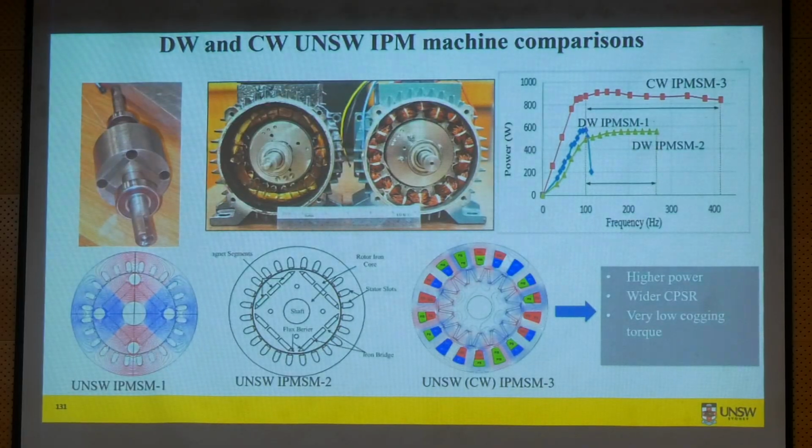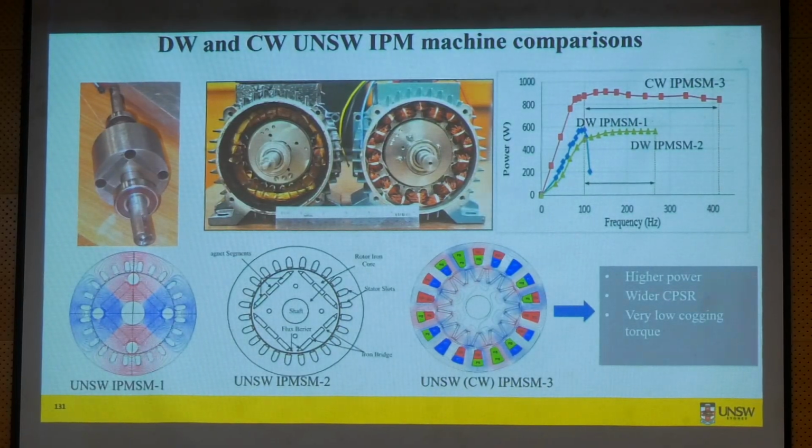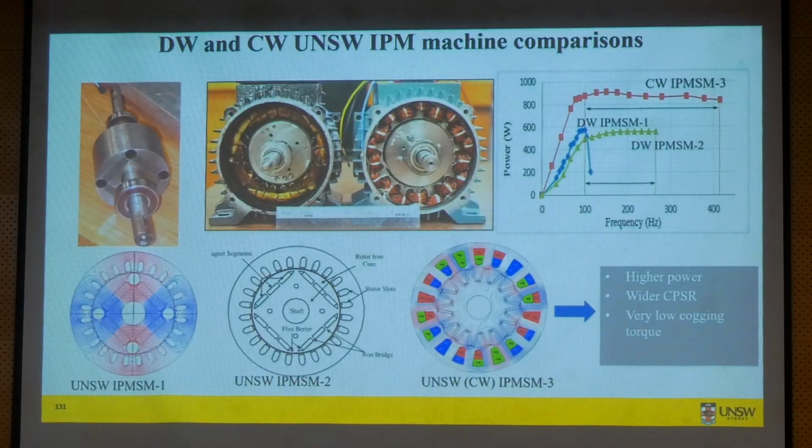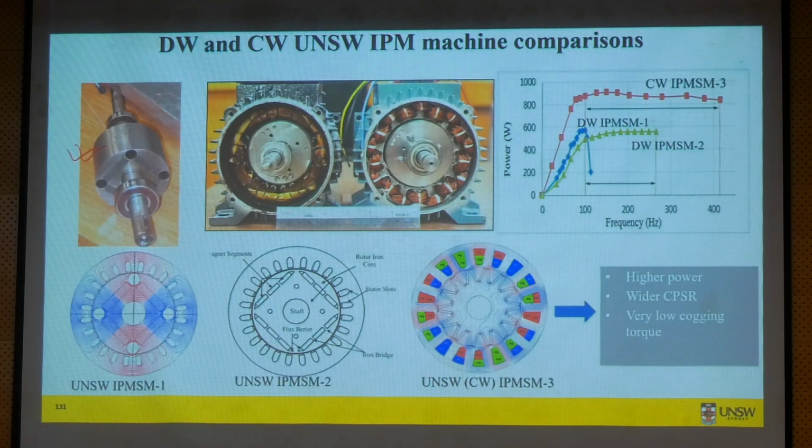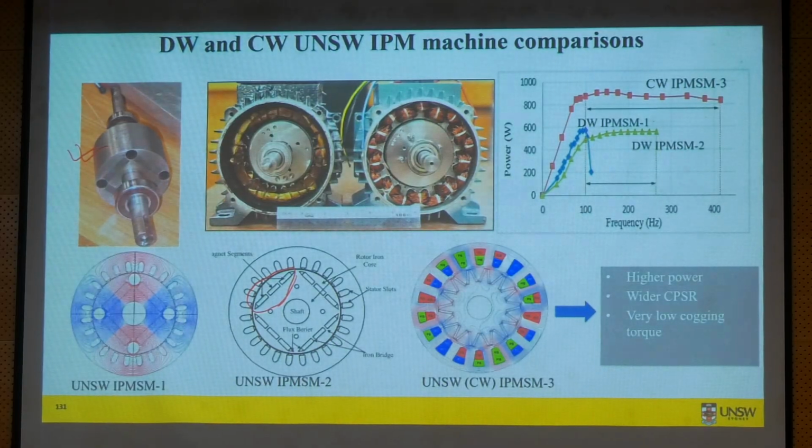Here you are seeing some of our work that we did for an IPM machine using concentrated winding and distributed winding. This was the original design, and this design we changed by just doing some segmentation in the magnet.